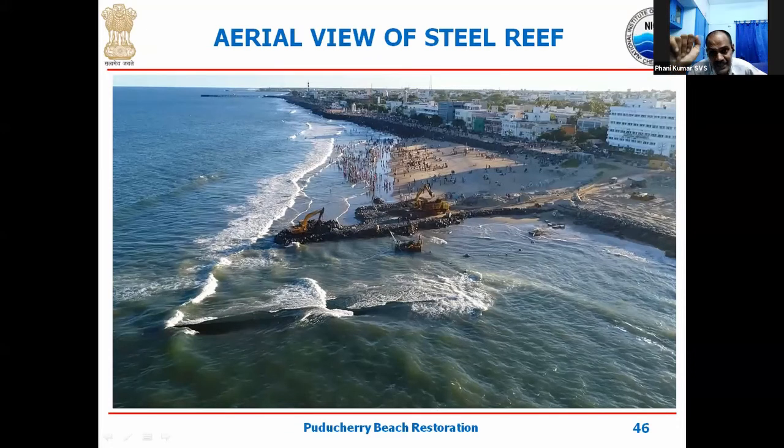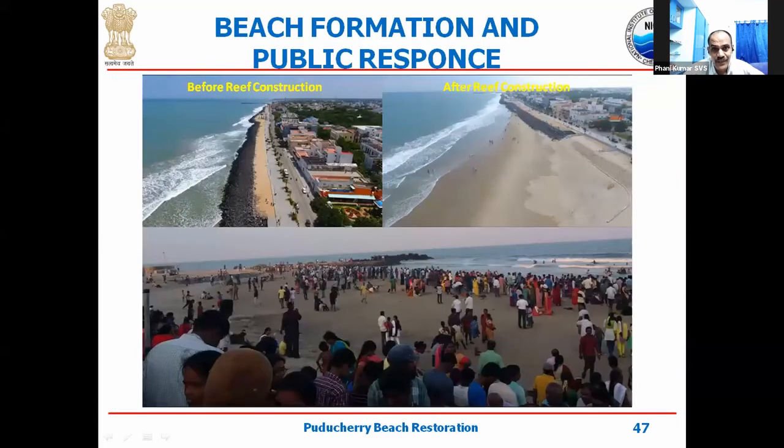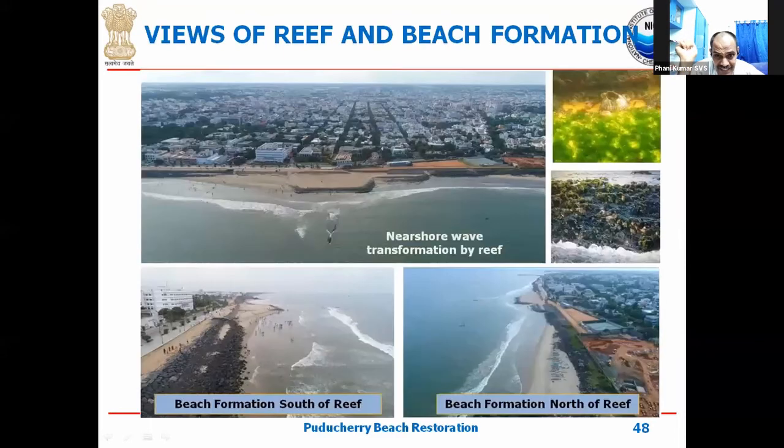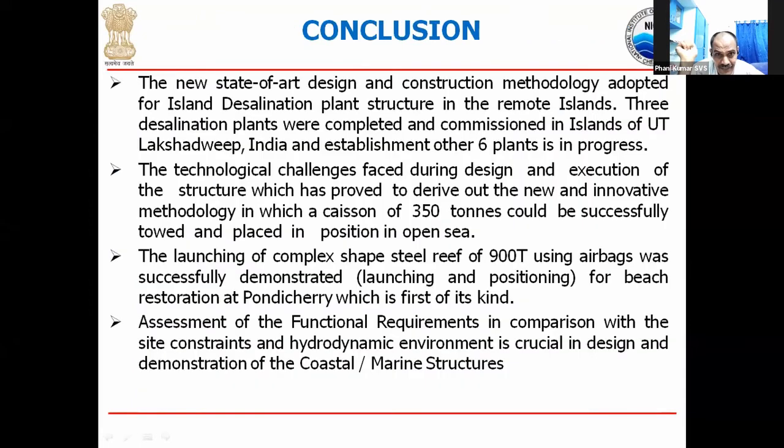This is the entire project that will be coming up as and when the project is completed. Next slide. You can see where the waves are breaking. You can see the people enjoying. Next slide, please.